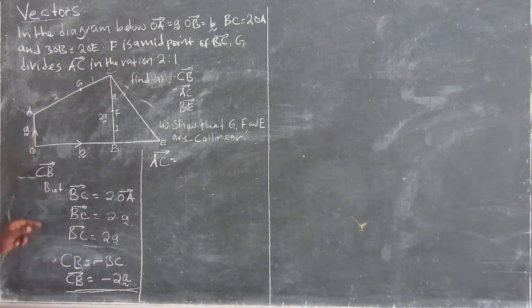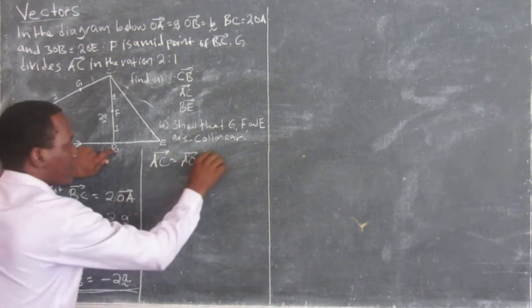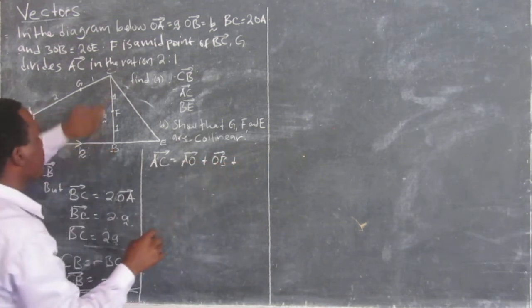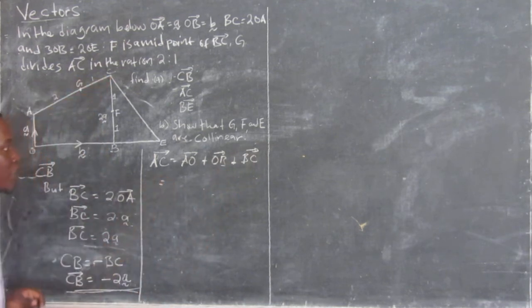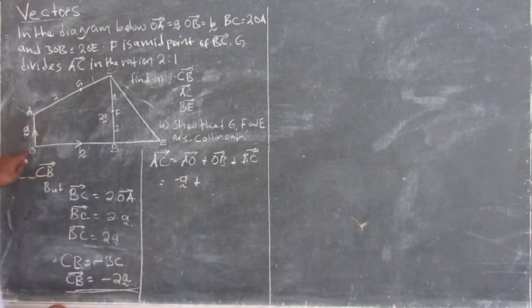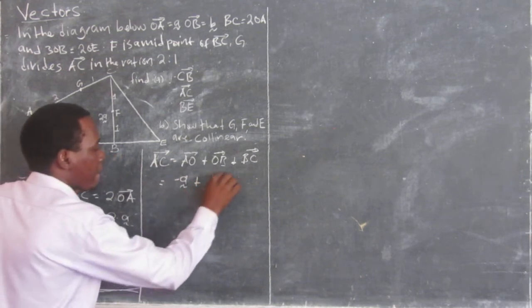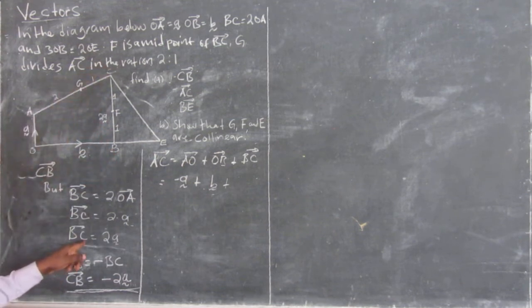Therefore, our AC is going to be A to O, plus O to B, plus B to C. Here we have O to A, but in this case we want to get A to O, meaning that our vector A is going to be moving in the opposite direction, so it is negative. We shall have negative A plus O to B, which is B, plus B to C. In this case, our BC is going to be 2A.